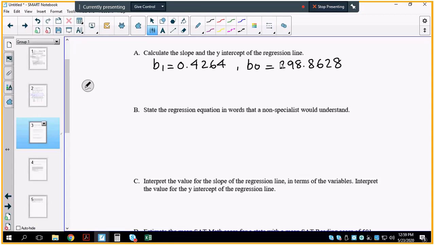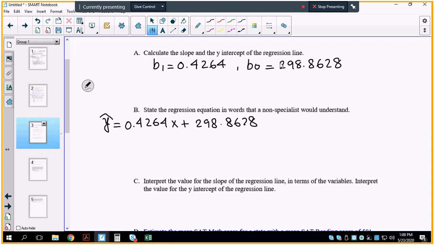Next question is saying, state the regression equation in words that a non-specialist would understand. So first I want to write down the equation as a mathematical equation. We'll say y hat equals the slope 0.4264 times x plus b naught, which is 298.8628.